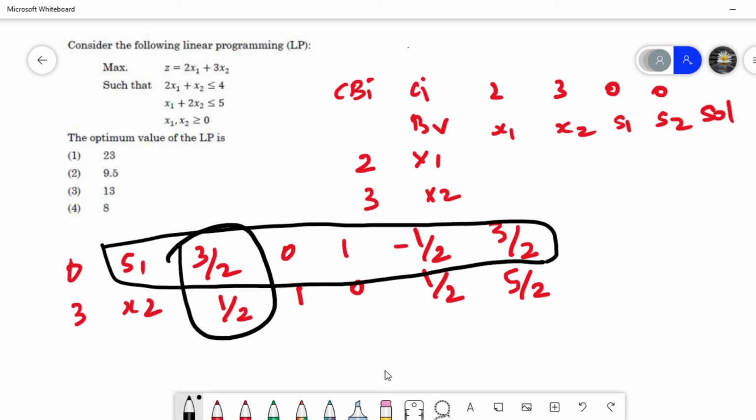Okay. So for calculating the new value of the key row, we just divide the value by the key element. So 3 by 2 divided by 3 by 2, the answer is 1. Then 0 divided by 3 by 2 is 0.